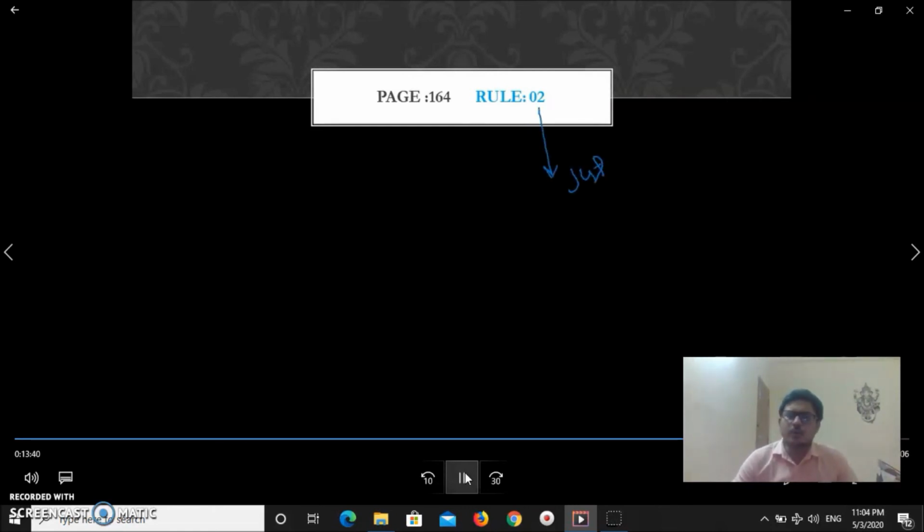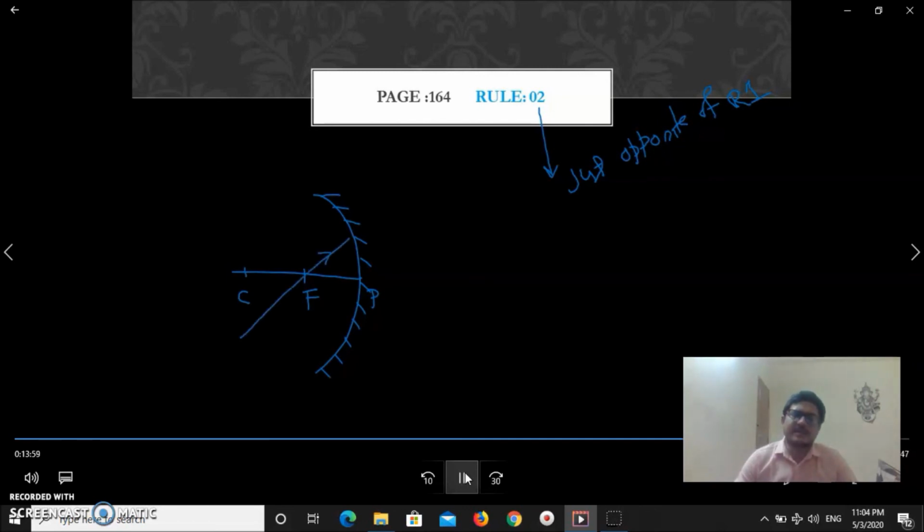We will discuss rule 2. Dear cadets, rule 2 is just the opposite of rule 1. Just imagine what rule 1 is, you have to reverse it. Okay? So let's try to understand. As usual, first we are taking a concave mirror, with pole, focus and center.